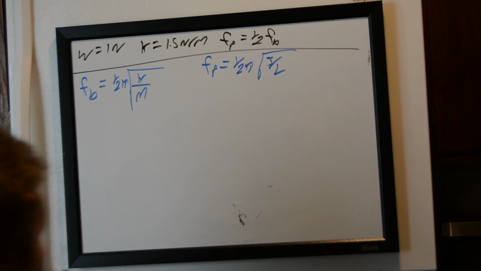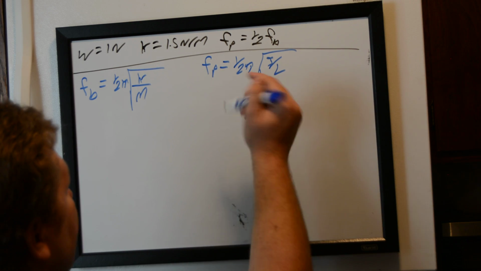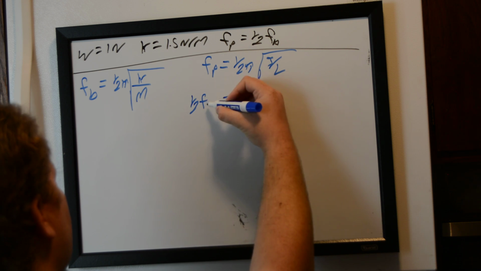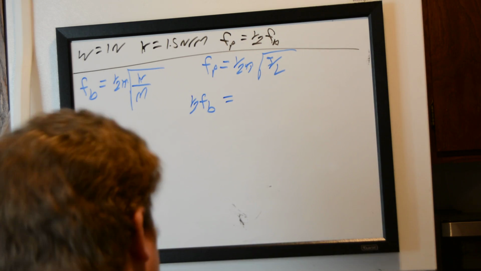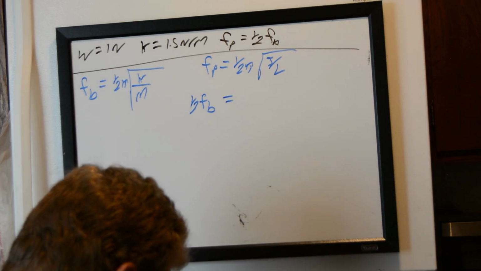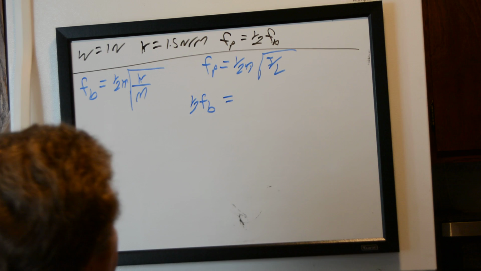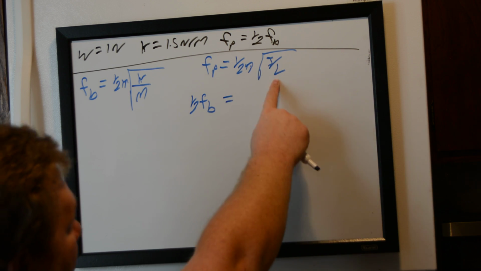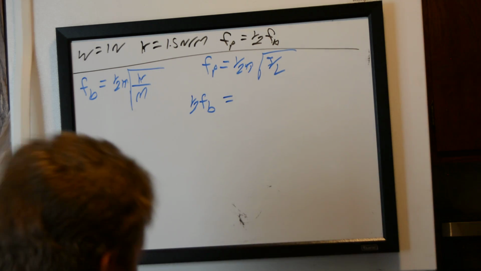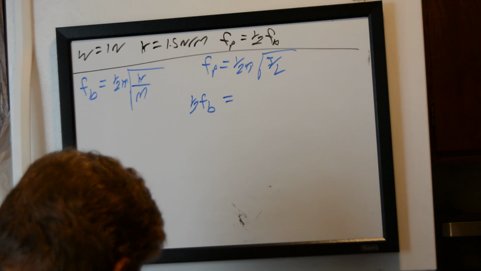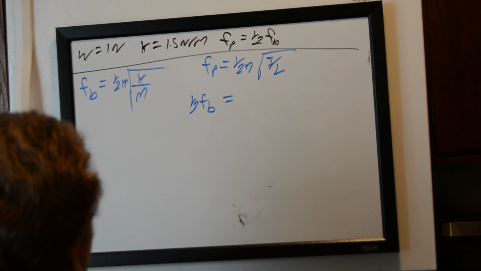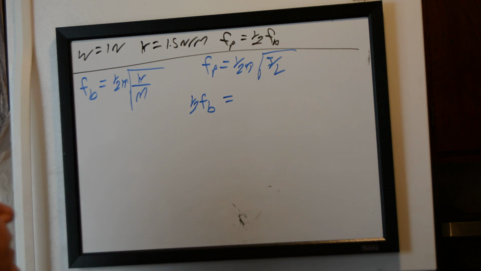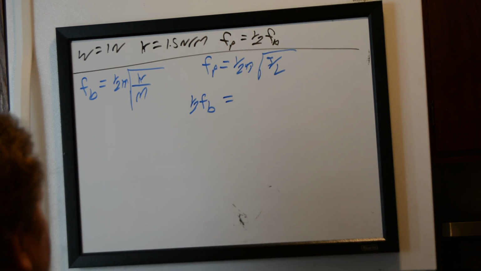And we know that this right here is actually equal to 1/2 the frequency of our bounce. So what we can do then is just set these equal together and then solve for our length, which is going to be heaps of fun. So let's just go ahead and do that.